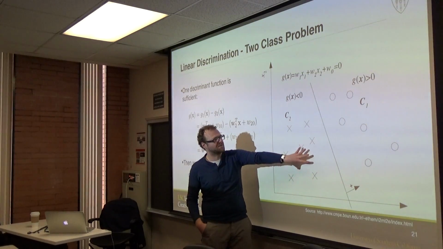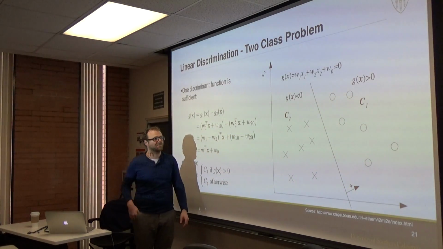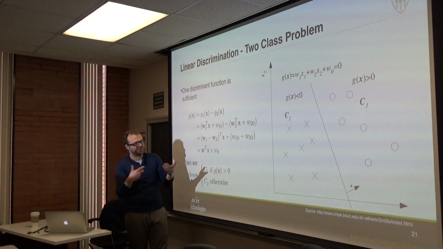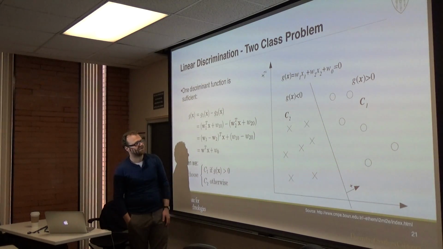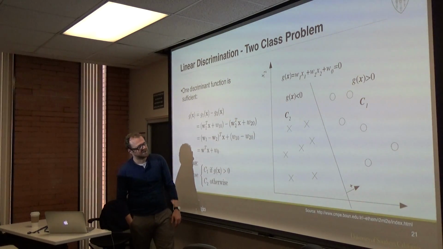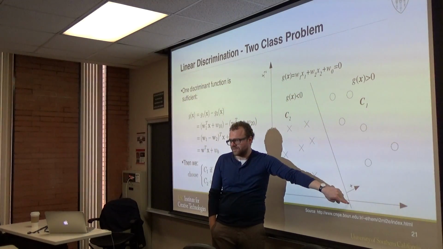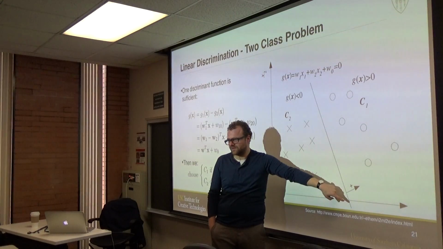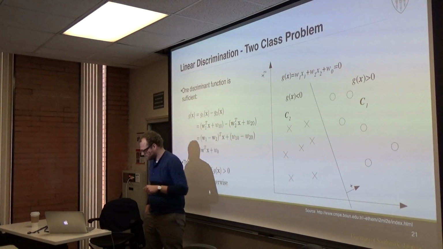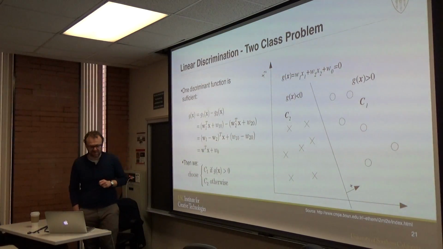You can calculate that through geometry, or vector multiplications. And everything that is on the line is going to be 0, right? So this is what this basically learns.